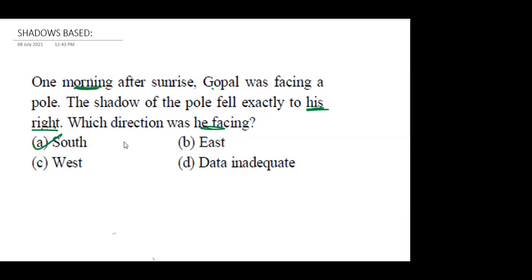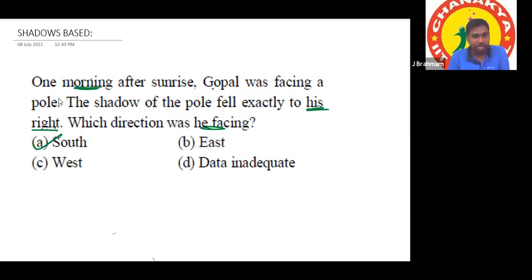Here don't concentrate on whose shadow this is. It can be a pole or some other person. We have to concentrate on to whom this shadow is right or left or front or back.